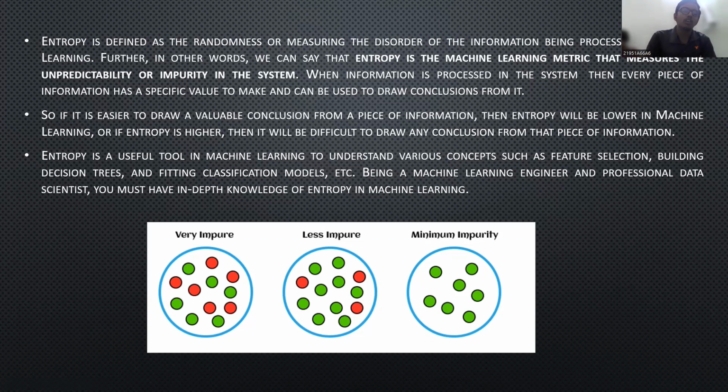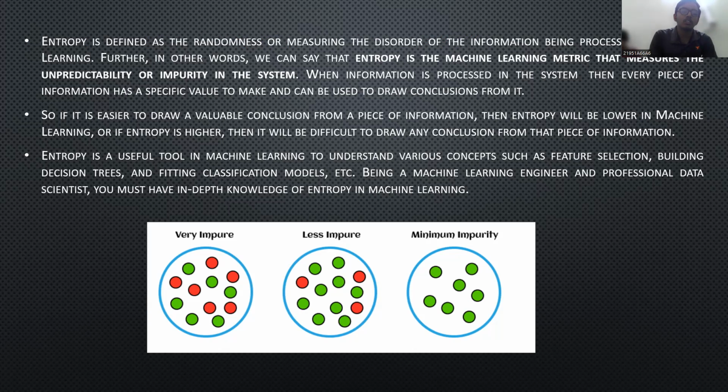So if it is easy to draw a valuable conclusion from a piece of information, then entropy will be lower in machine learning. If entropy is higher, then it will be difficult to draw any conclusion from that piece of information.